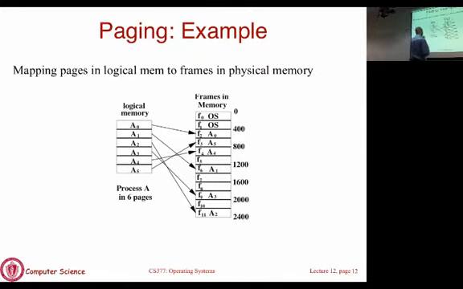Now, your assembly instructions are still going to have these logical offsets. That part has not changed. The compiler, when you compile source code, still doesn't know where the process is going to be stored in memory. In fact, it's not only not stored contiguously, it's scattered all across memory. This information, that if you run this process it's going to be laid out as shown in this picture, is not known to the compiler.